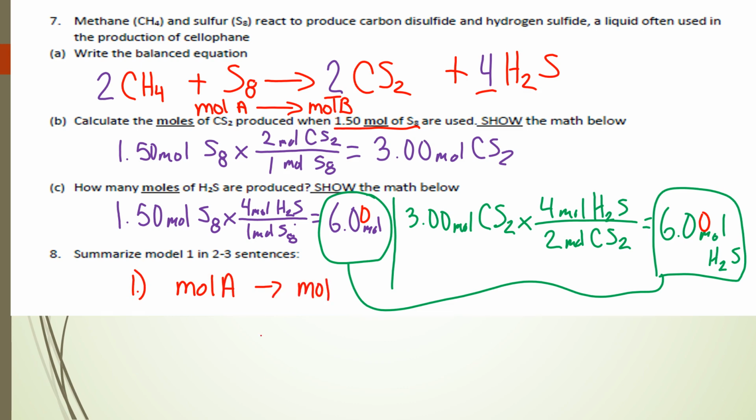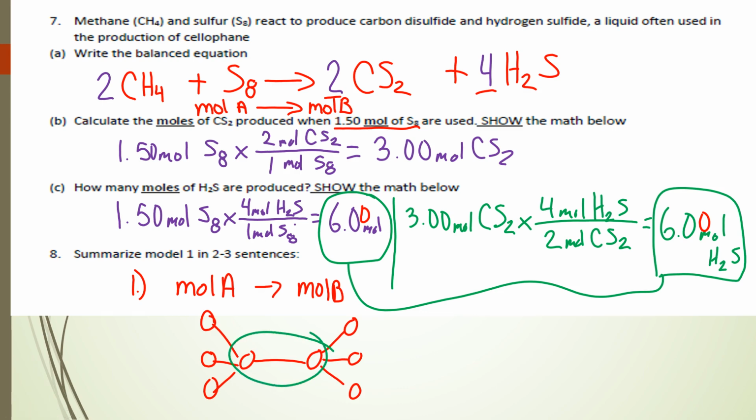So we're going from mole A to mole B. If we're looking at it in terms of our spider diagram, we're hanging out on this one, right in this little section right there, just using the mole ratio, just using that conversion factor. All right.